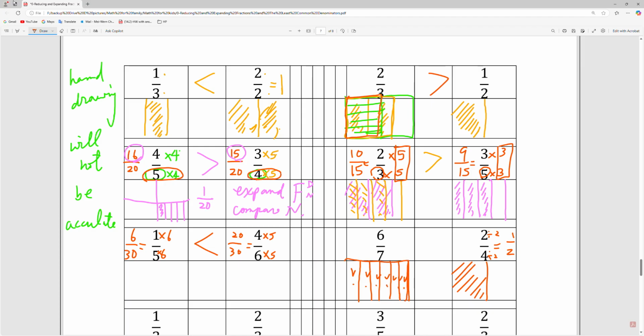Almost 1. Compared to half, obviously this is greater. But you can multiply 4 to get 24 over 28, and multiply 7 to get 14 over 28. So 24 is greater than 14. Yes, obvious.